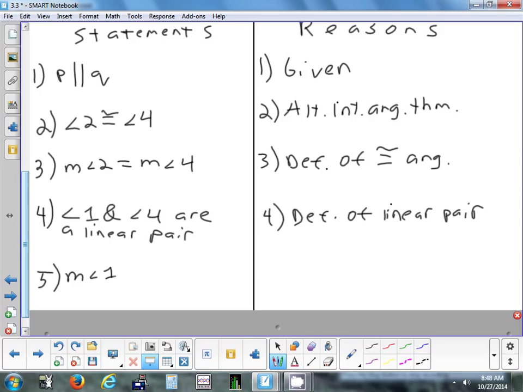So measure of angle 1 plus measure of angle 4 equals 180. Okay, what's my reason for that? This is a tricky reason if you don't remember it, but it was on the test. Not definition of supplementary. It has something to still do with linear pair.